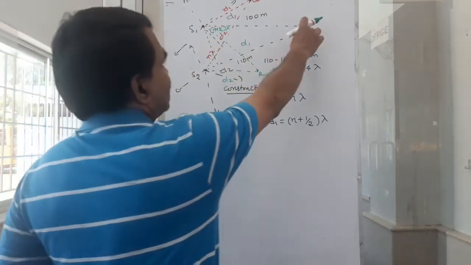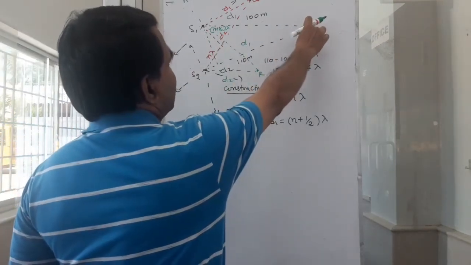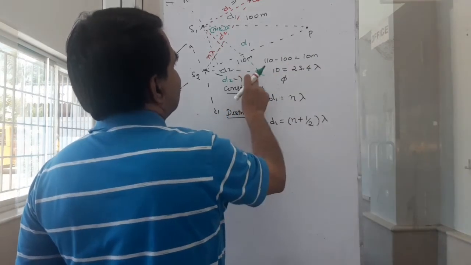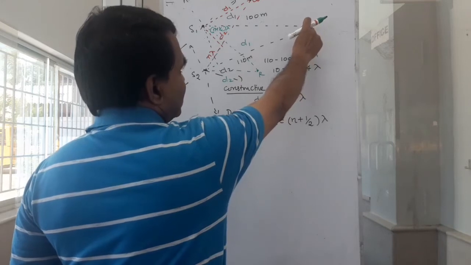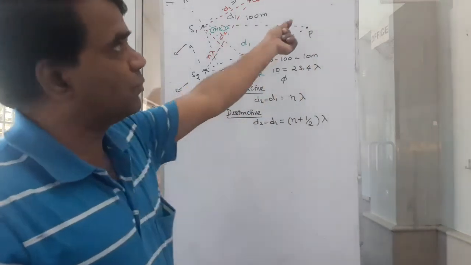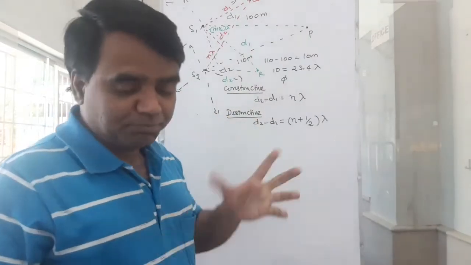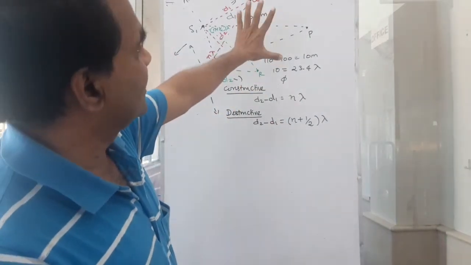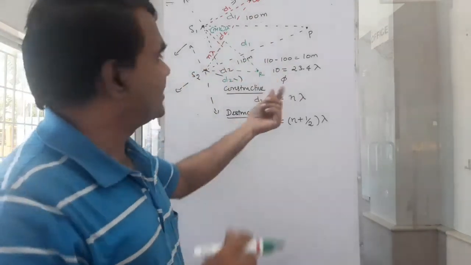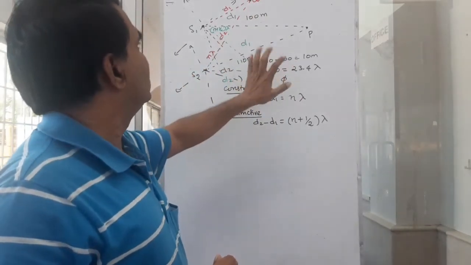But what did I say here? It is 0.4 lambda, right? 23.4 is not exactly 0.5. If it were 0.5, this would have been black too. But since it is 0.4, that point would have slightly more light than this one.